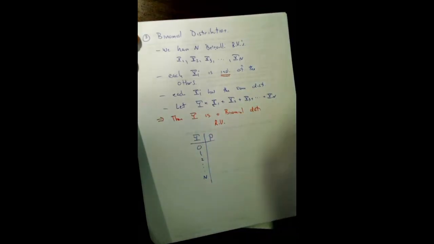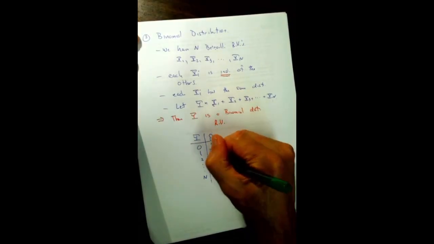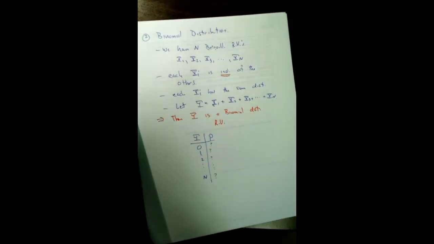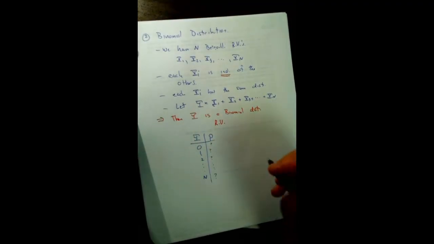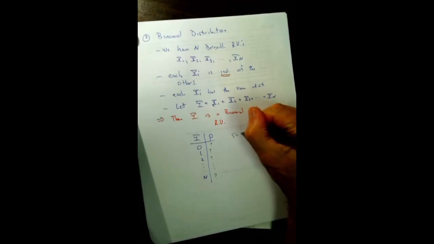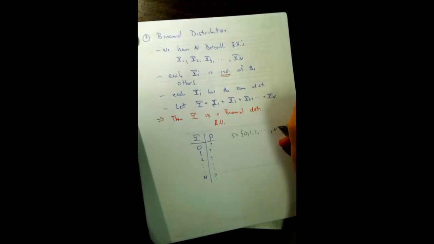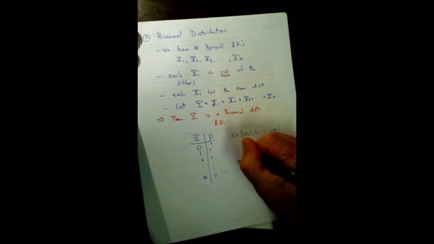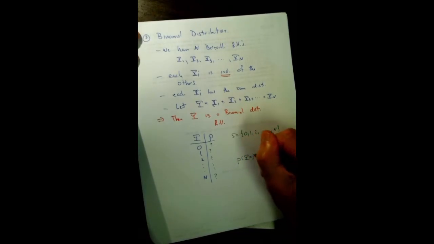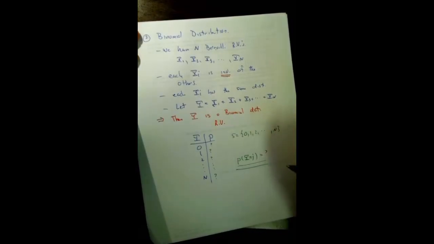And there's going to be some probability associated with each of these, and we're going to have to figure that out. That's to be determined. But the sample space is going to be 0, 1, 2, 3, out to n. Okay, and so the probability that y equals any particular value, that's an open question for now. We have to figure that out.